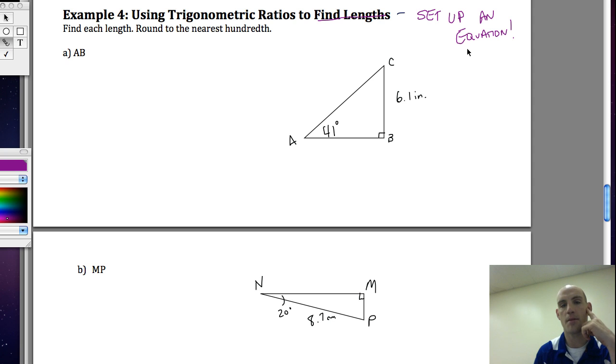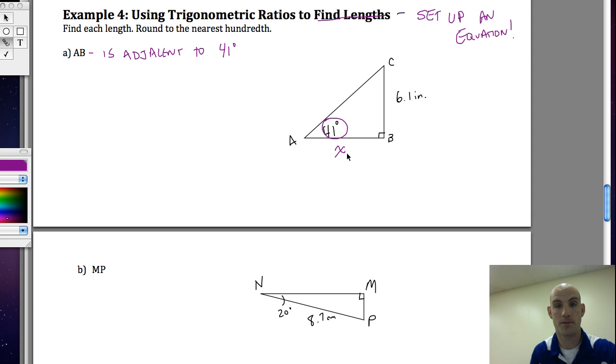If we're going to solve for AB, we need to see how things relate. I'm going to go ahead and put x here because that's going to give me a variable that represents AB. I want to think about what I have. Right now, the least amount of work would be to use 41. I notice that AB is adjacent to 41 degrees.